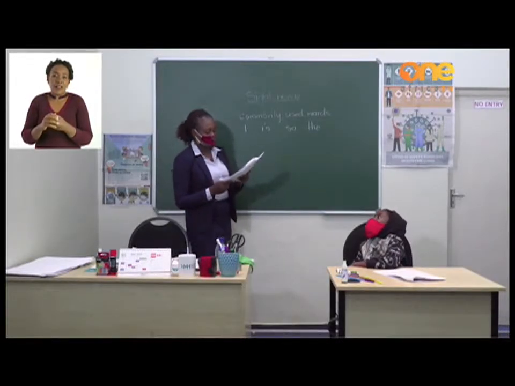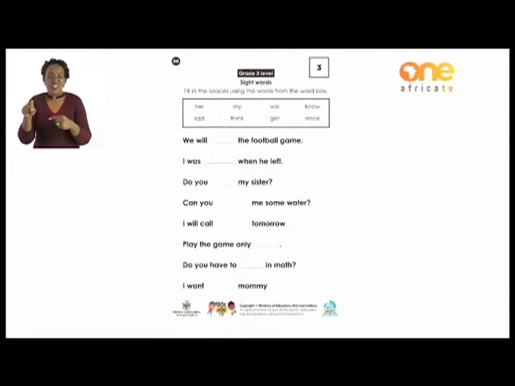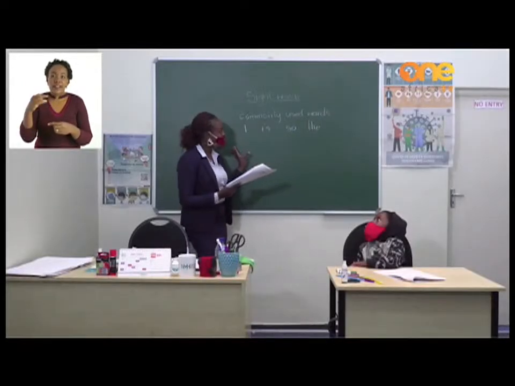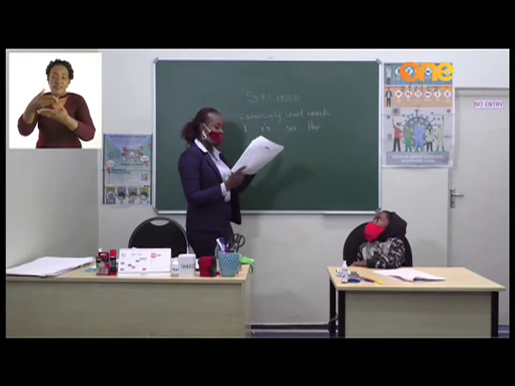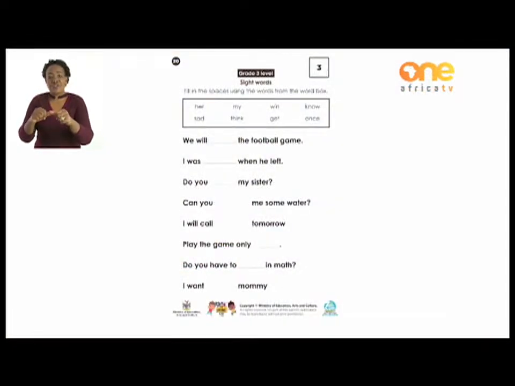I was dash when he left. I was sad. You can be sad, you can be happy. I was sad when he left. That's all about sight words, grade 3s. Now you go to our booklet and complete the remaining sentences using all the sight words in the box. Thank you so much.